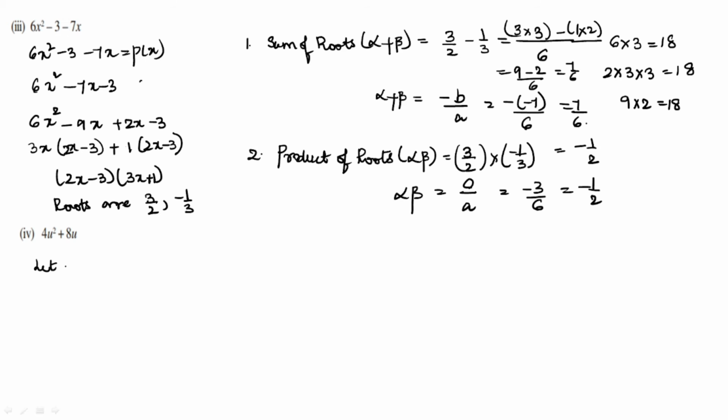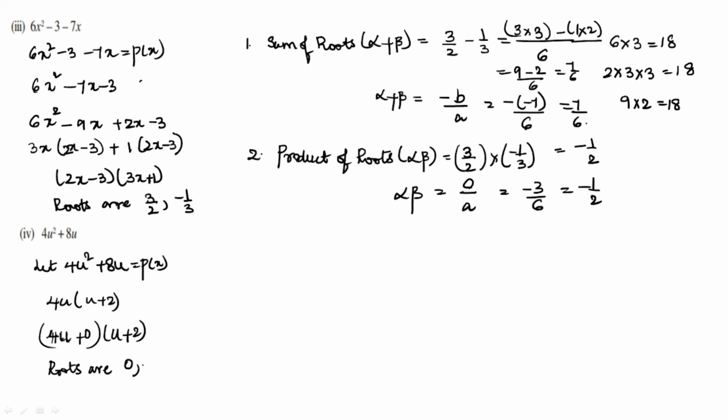4u square plus 8u. So assuming this expression as p of x, on simplifying this, 4u is the only common factor that can be brought. This can be written as 4u times u plus 2. So the roots of it are 0 and minus 2. The sum of roots, alpha plus beta, is 0 minus 2, which is equal to minus 2.